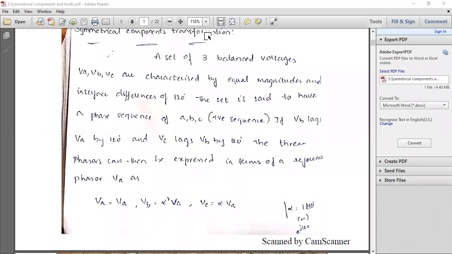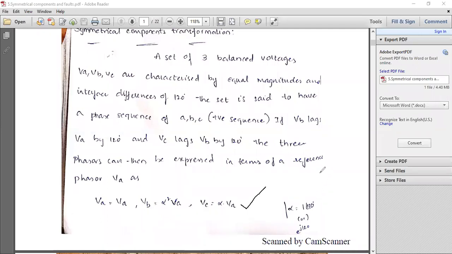So with the use of this Fortescue's method, we are converting the unbalanced phasors to balanced phasors, that too 3 sets of balanced voltages and currents. That is also very important. So VA, VB, VC, already we have seen how these voltages come from the phasor diagram.